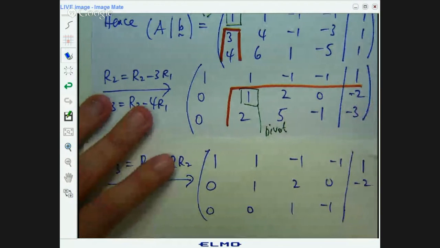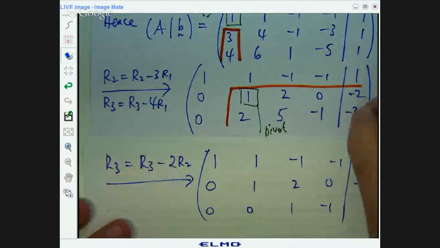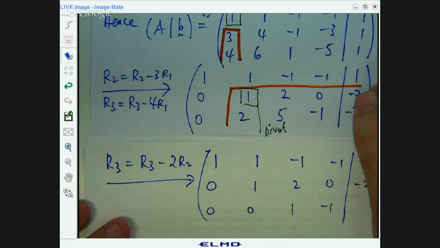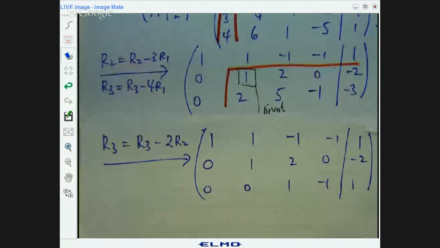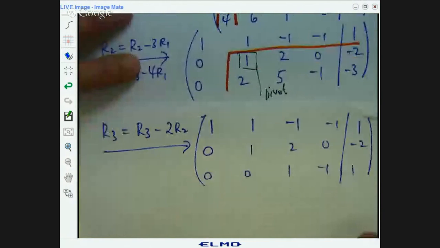And negative 3 minus 2 times negative 2, so that's negative 3 plus 4. That'll be 1. Okay, we're almost finished now.